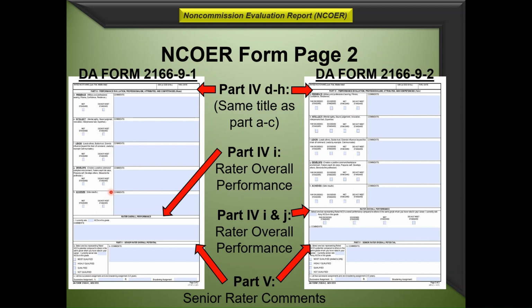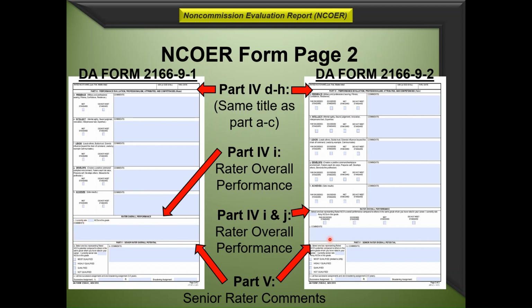Then when you get to rater overall performance, on the staff sergeant and above you will check whether they far exceeded, met, or did not meet. On the sergeant evaluation report, you will not. You will just put your overall observations as far as their performance goes.